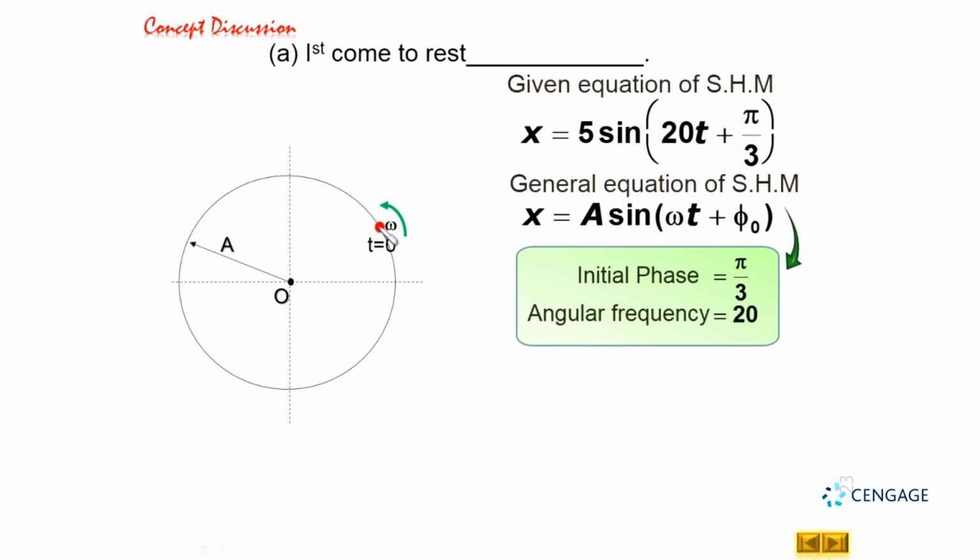So this is the corresponding position of the point on the circle. For finding the initial phase, we need to draw a straight line joining O to the red dot like this, and this φ₀ is equal to π/3.